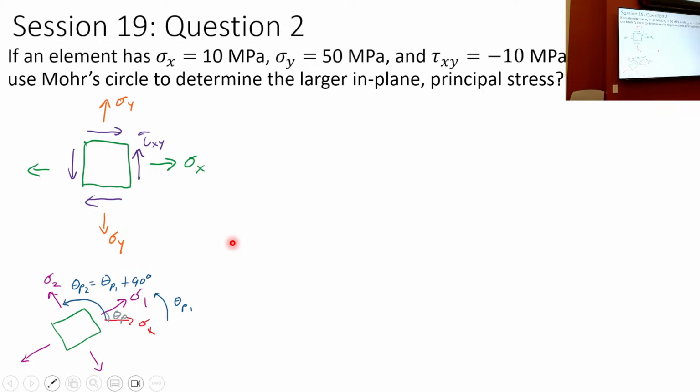Then you can figure out, using the Pythagorean theorem, what the radius is. And once you know the radius, as Zach pointed out, the larger one is the one that's further on the right.